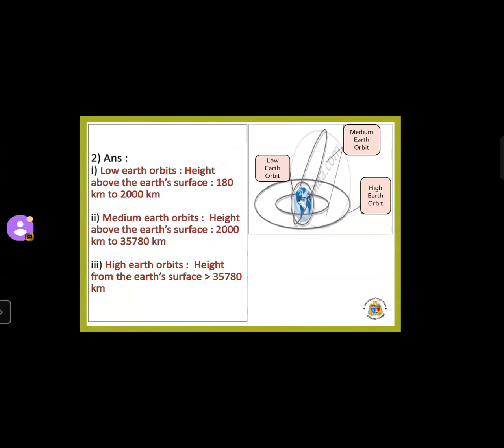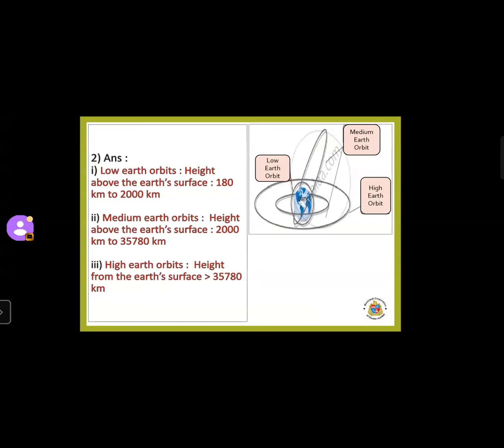So these are the 3 types of orbits, that is the low Earth orbit, medium Earth orbit, and high Earth orbit. So low Earth orbit, the distance of this orbit is very less. It's just above the Earth's surface.